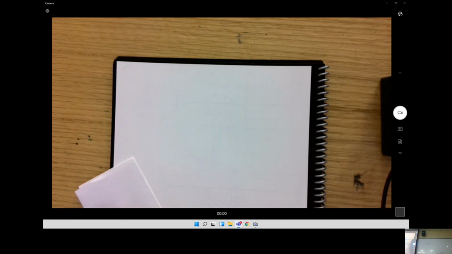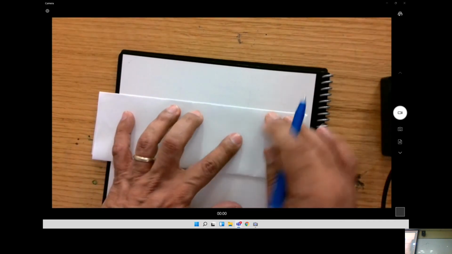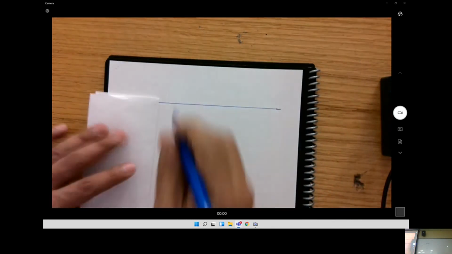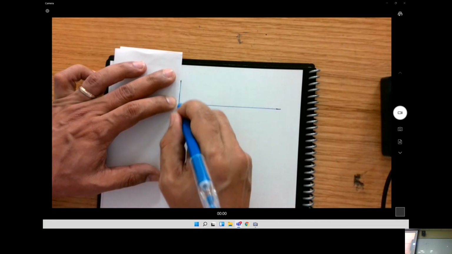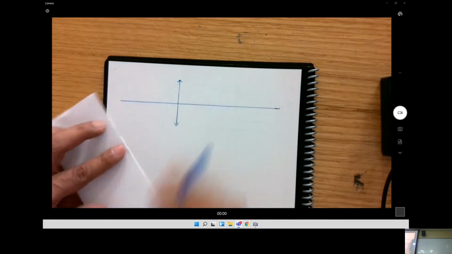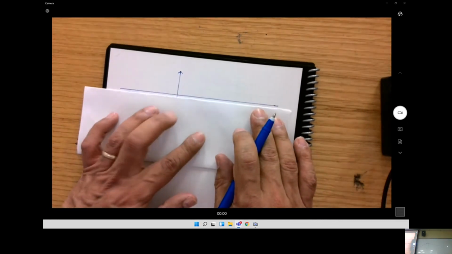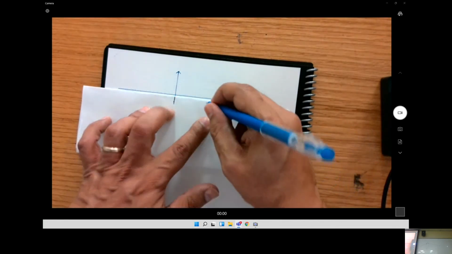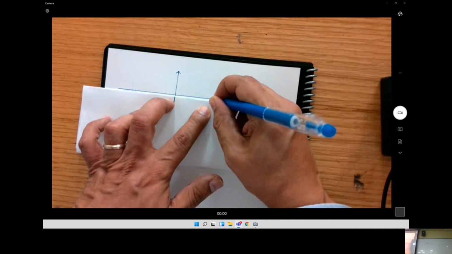Anyway, so I'm going to have my optical axis, I'm going to have a biconvex lens, and I'm going to say that the focal length is going to be right here.